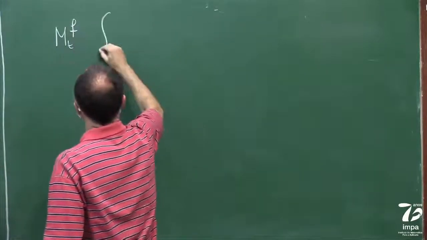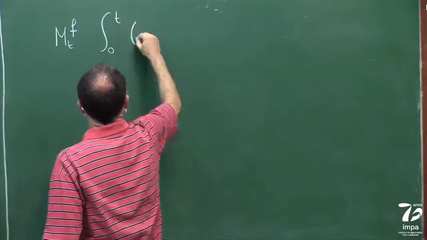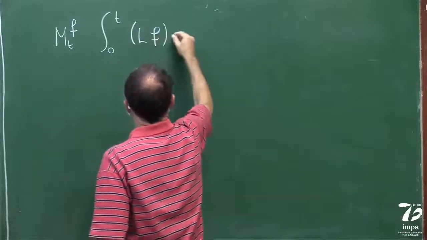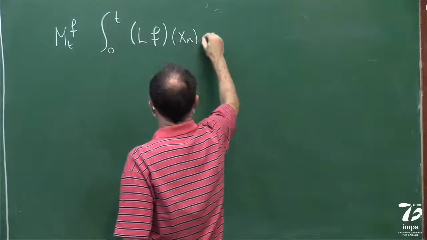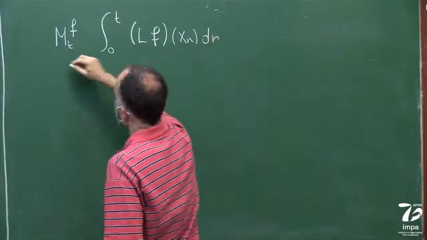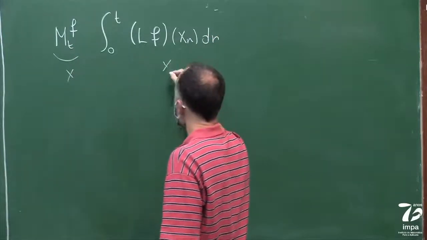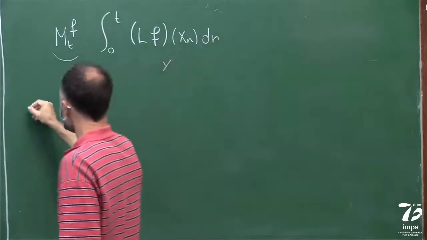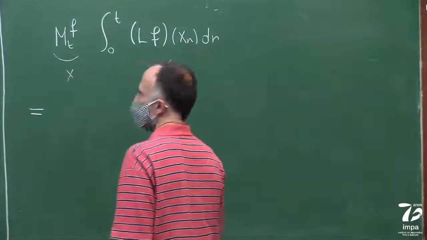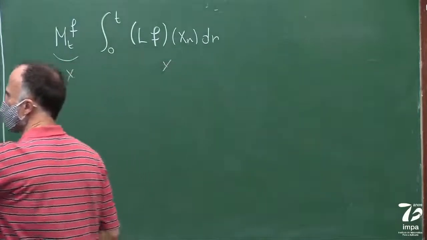So by using these two facts, I will write this term, which is M_t^f, times this integral from 0 to t of Lf(X_r) dr. So this will be my x in this formula, and this will be my y. The first term, I'm integrating it with respect to y.